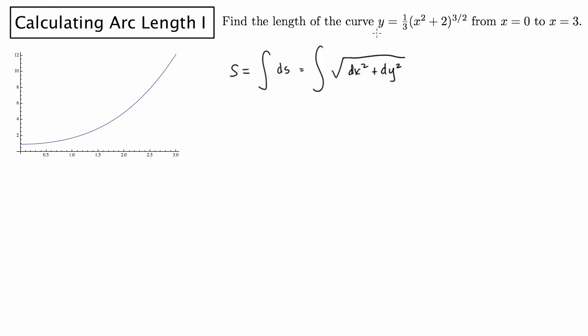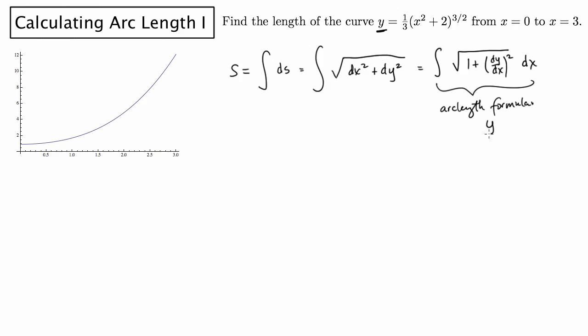If I have y written as a function of x, then the most appropriate form is factoring out a dx, so that I have (dy/dx) squared in here and then a dx on the outside. Remember, this is the arc length formula in the case where you have y written as a function of x.